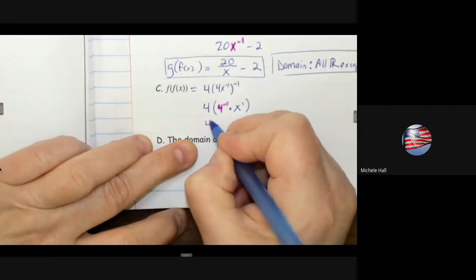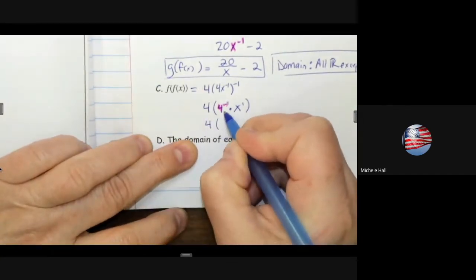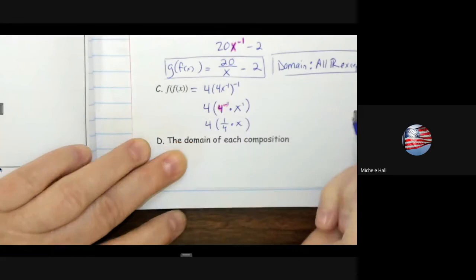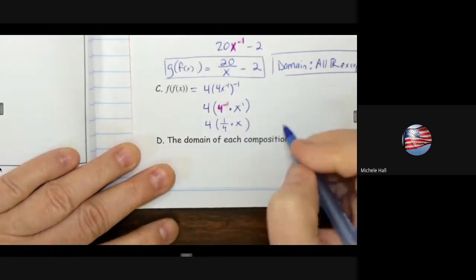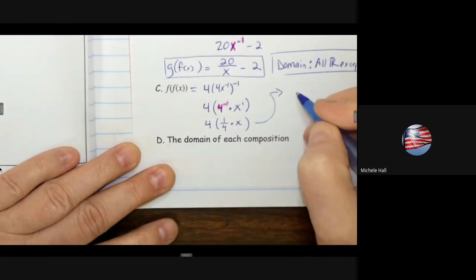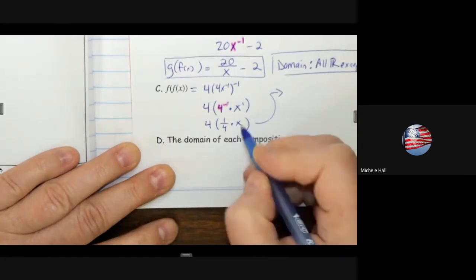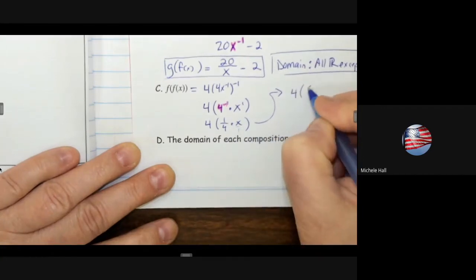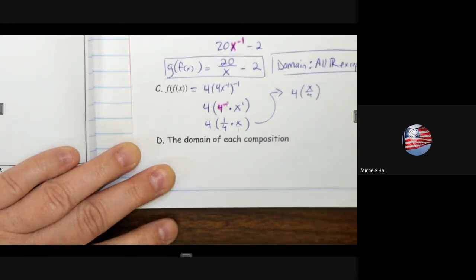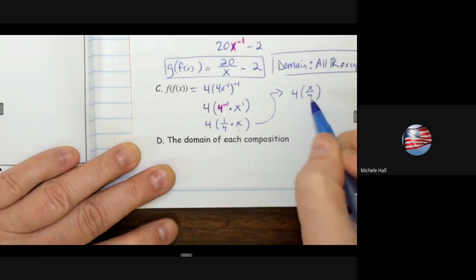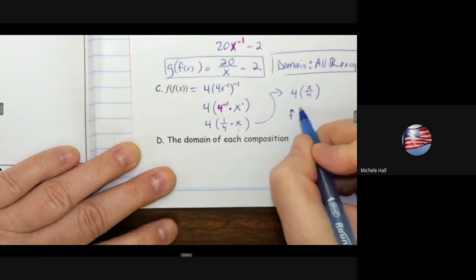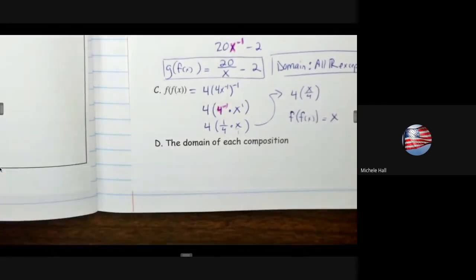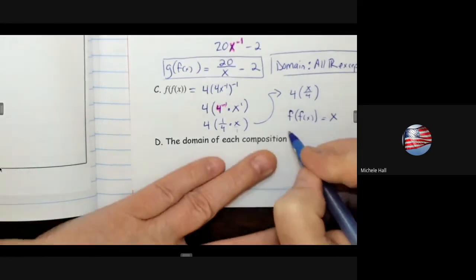I have 4 times, this is going to be in the denominator, 1/4 times x. If I make this a fraction, just multiply straight across and we get x over 4. So I have 4 times x over 4. And now I can cancel my 4's here. And we get that f of f of x equals just x.